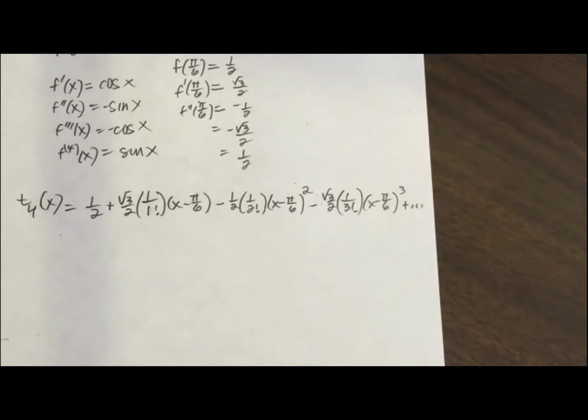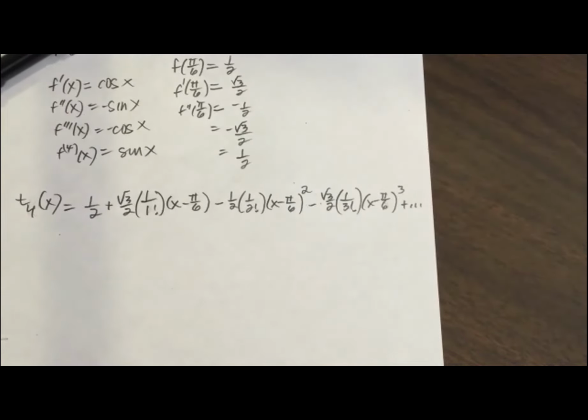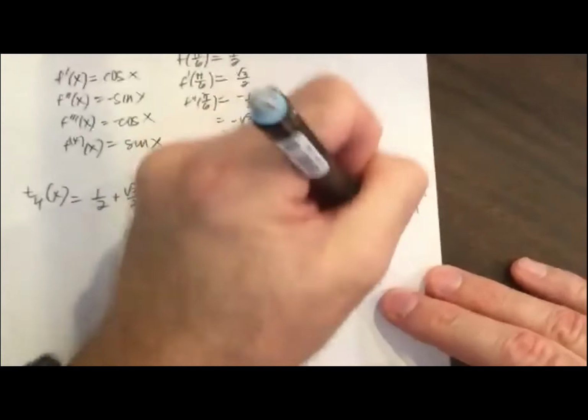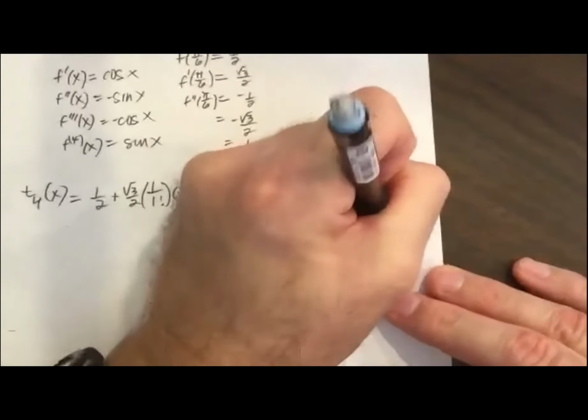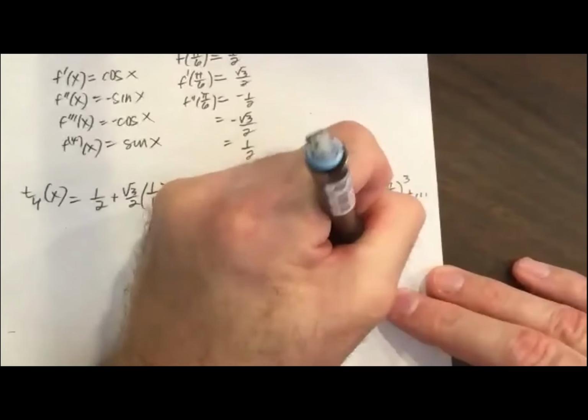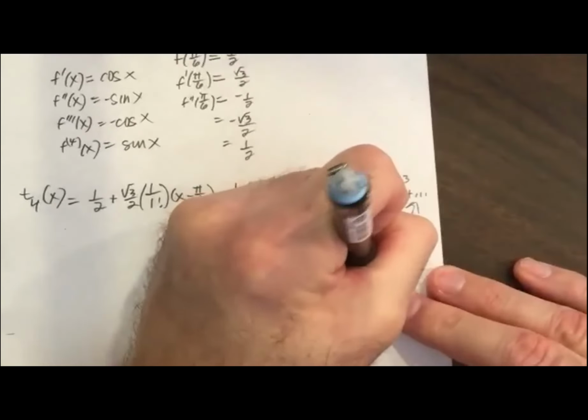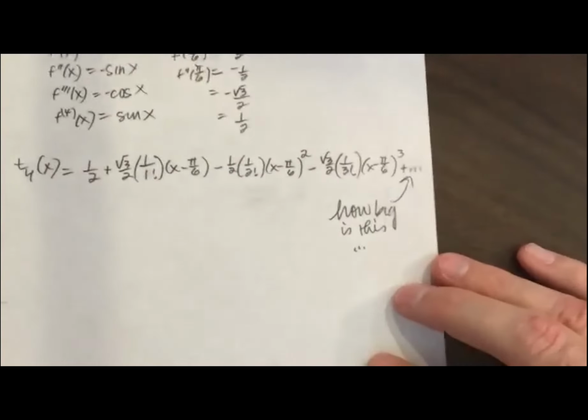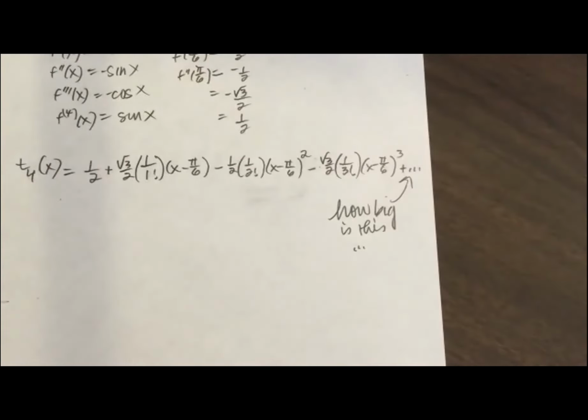That's it. Okay. So then the second part, it's wanting to use Taylor's inequality to estimate the accuracy of the approximation. Oh, yeah, skip that. Skip that? Yeah, because that's basically saying, how big is this dot, dot, dot? What's going on here?